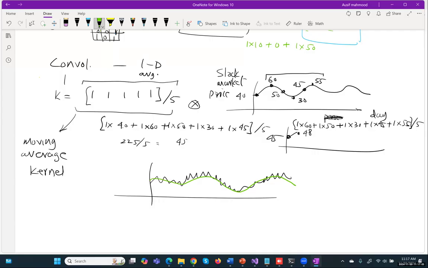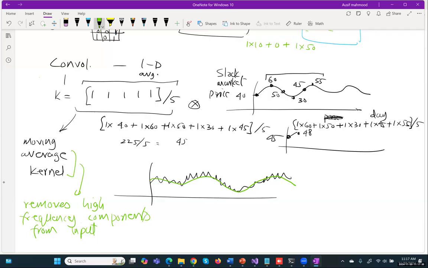So the moving average kernel basically removes high frequency components from the input. Frequency means change. So we'll produce a smoother answer, right?